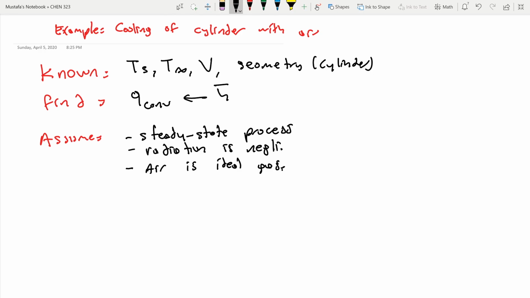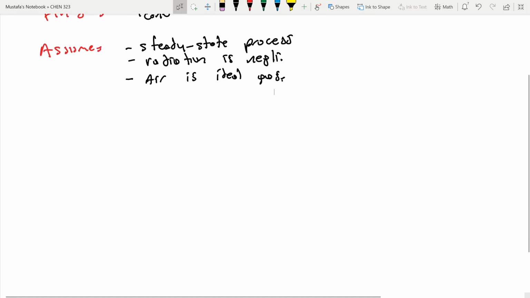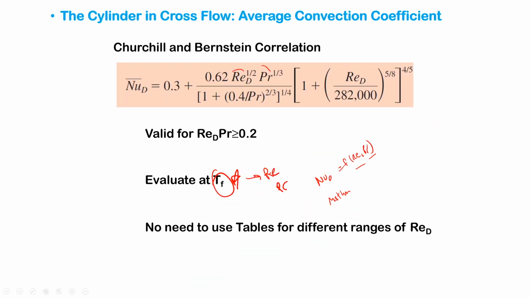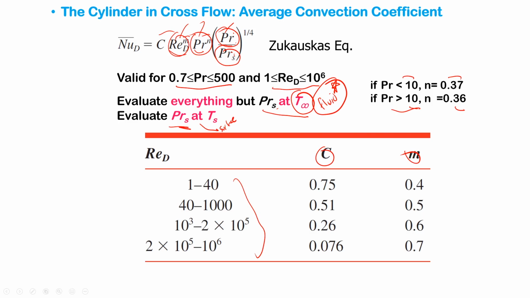Okay. So now let's move on to the analysis. For a cylinder, if we go back to our slides, we talk about three different equations. We have Churchill and Bernstein equation, which uses T-film.